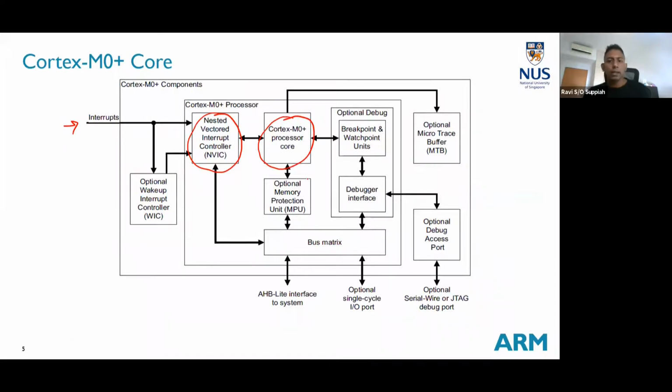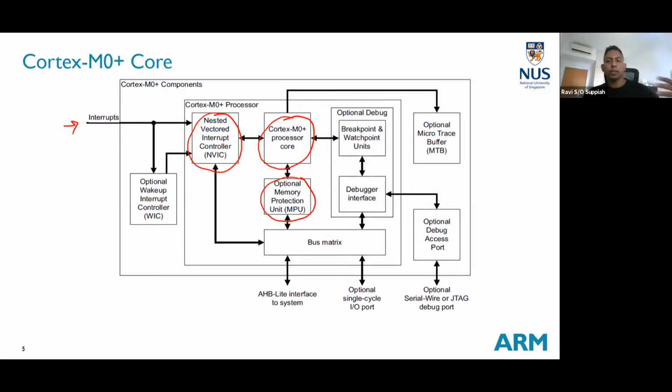Another thing is the MPU, the Memory Protection Unit. This is something that you will see only in higher end processors like this. What the memory protection unit does is it allows you to protect certain parts of the memory for restricted access. In your design, there will be a memory map.